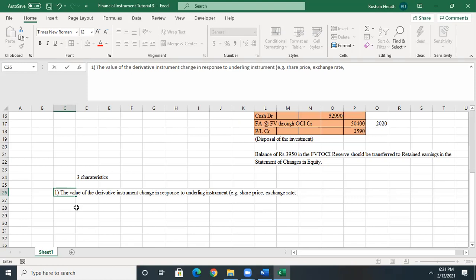Not only that, it even depends on certain indexes. For example, which is not available in a country like Sri Lanka, but in advanced economies, you may find the futures contract, right? In that, you would find that the value is determined based on the underlying commodity indexes, or the share price indexes.